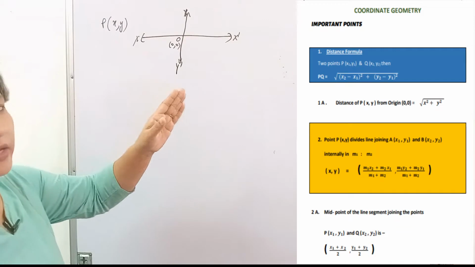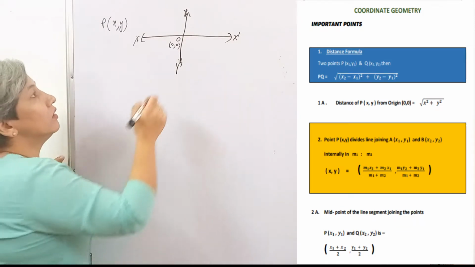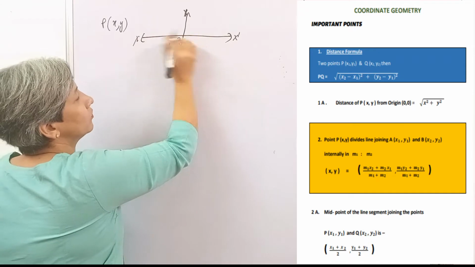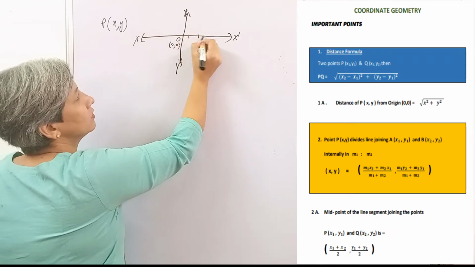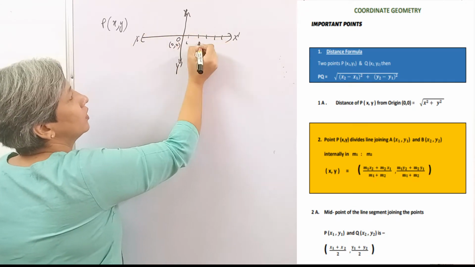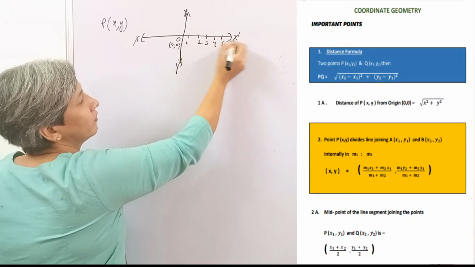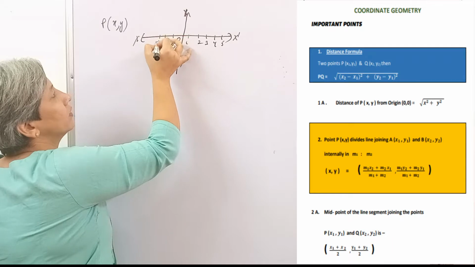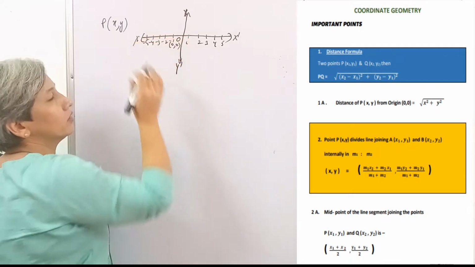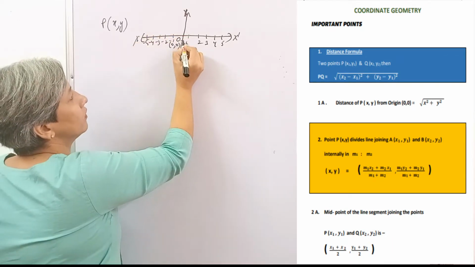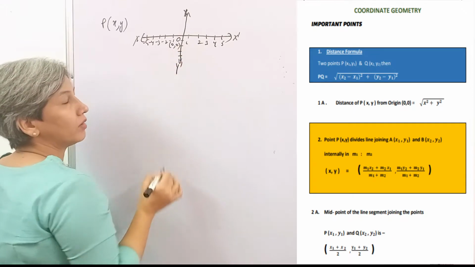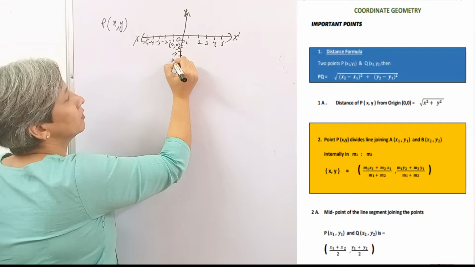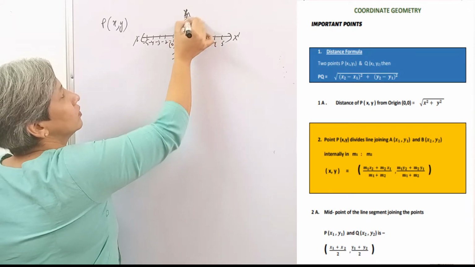These are infinite lines with no ends. On the x-axis we have positive integers to the right, 1, 2, 3, 4, 5 and so on, and -1, -2, -3, -4, -5 to the left. In the same way, for the y-axis the negatives are below the x-axis, -1, -2, -3, -4, and 1, 2, 3, 4 above.